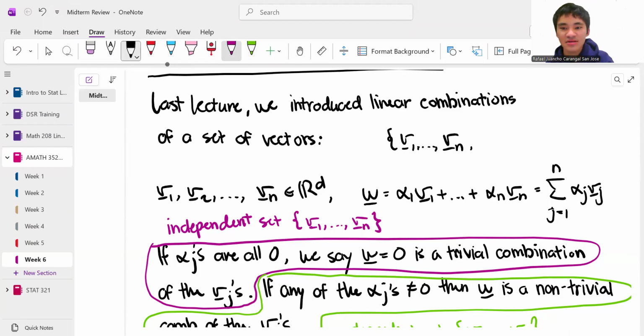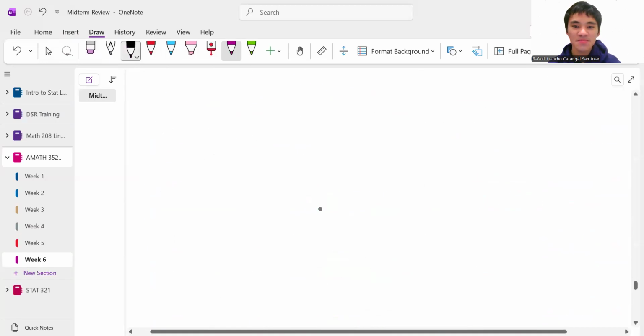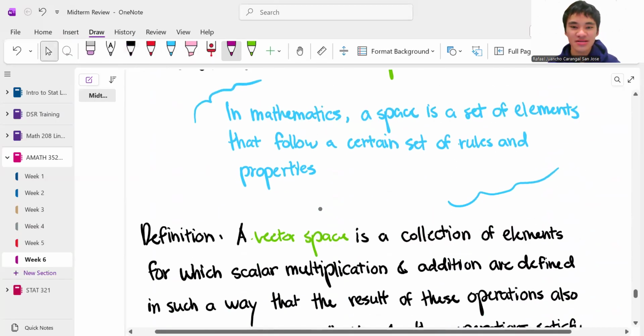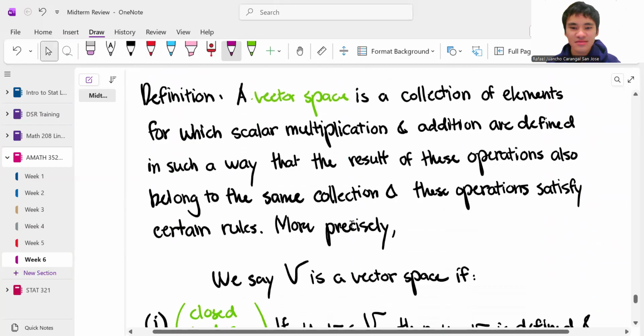That tells us that w is also part of that same set. In this case, all of these vectors are in the same vector space. But it's really just logical reasoning. So they belong to the same collection, the same set.